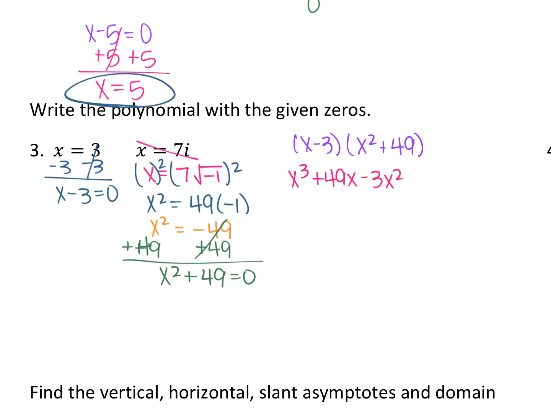And negative 3 times 49 is negative, okay, let's do it this way. 3 times 9 is 27. Carry the 2. 3 times 4, yep, 147. Okay. From here, put it in standard form. So you have x cubed minus 3x squared plus 49x minus 147.